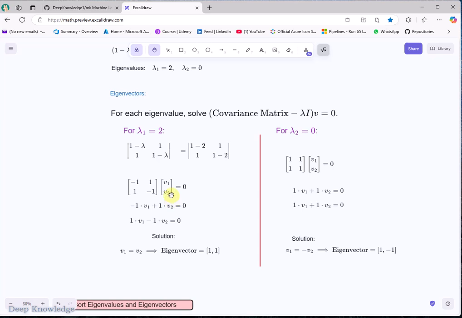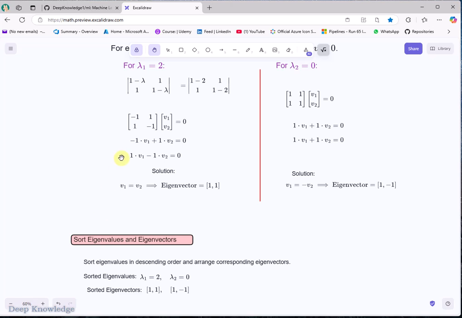If you have many variables, of course, the matrix will be big. This is just to make it simple for you. If we multiply this row by this column, we will have this equation. Now we multiply this row by this column, we will have this. And from this equation, we can say, for instance, V1 is equal to V2 in both equations.